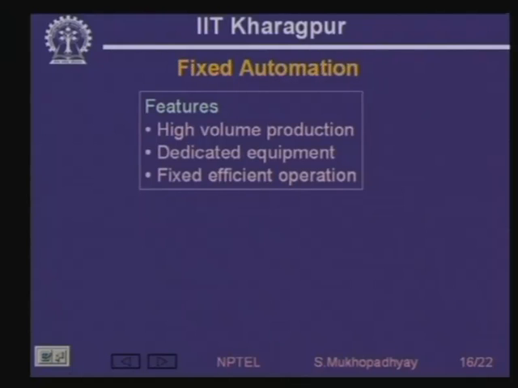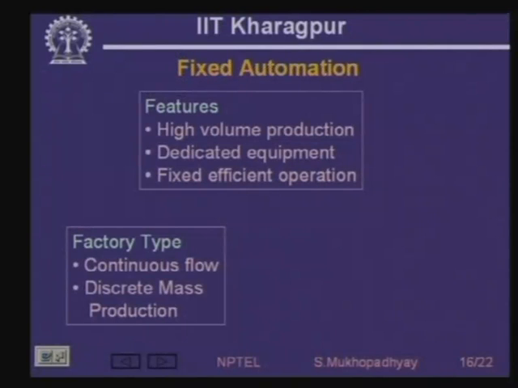The volume is so large that by building dedicated equipment you gain so much money that it makes sense to have dedicated equipment which is low in flexibility, but very highly efficient for that manufacturing process. So you basically have a very fixed and efficient operation.